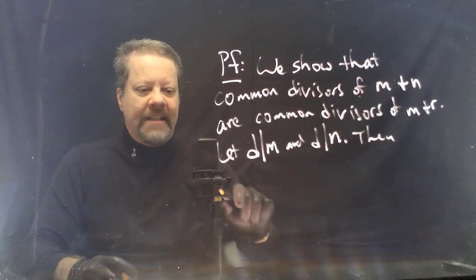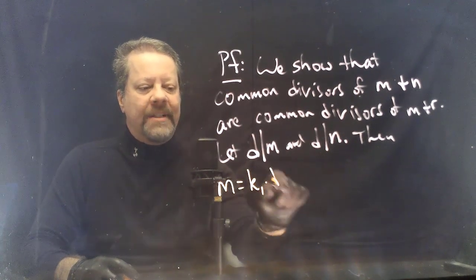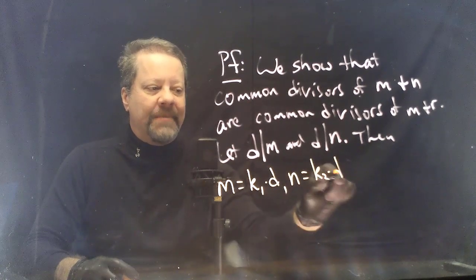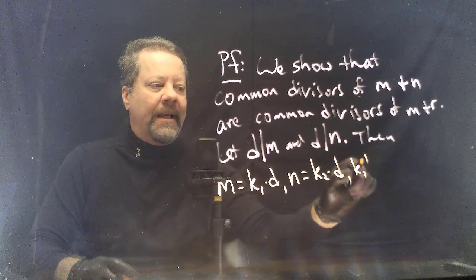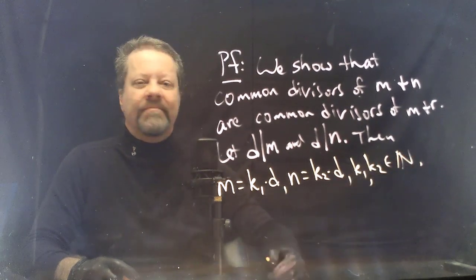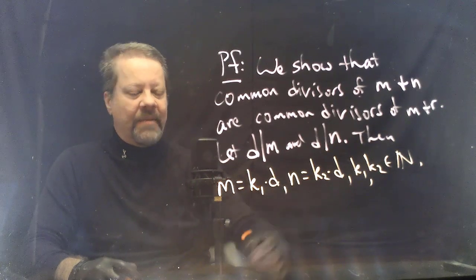That means that M is K1 times D and N is K2 times D. K1 and K2 are elements of the set of natural numbers. There has to be some natural numbers so that we get this kind of product.